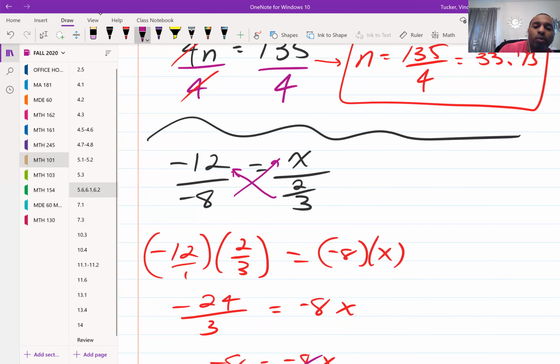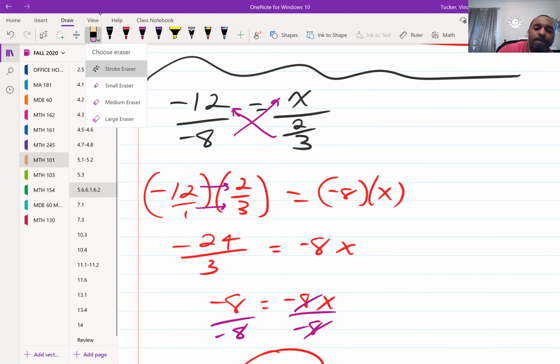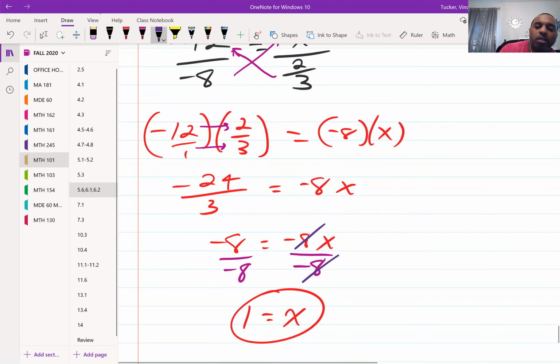So negative 12 over 1 times 2/3, and if you just multiply across, that's negative 24 over 3. And so that'll be negative 8x equal to negative 8. And you can finish it off by dividing by negative 8. Negative 8 cancels. And you have x is equal to positive 1.